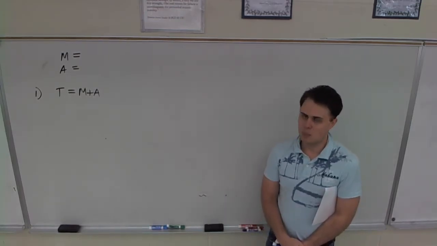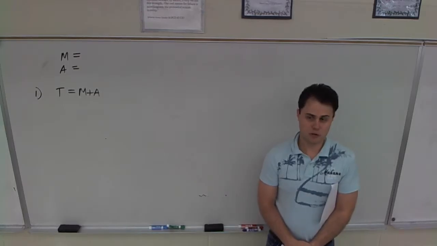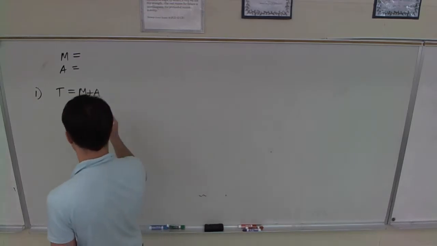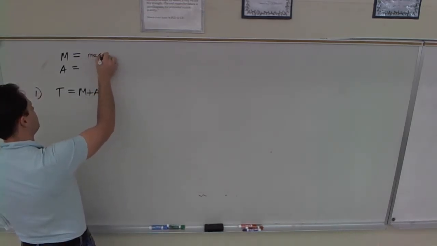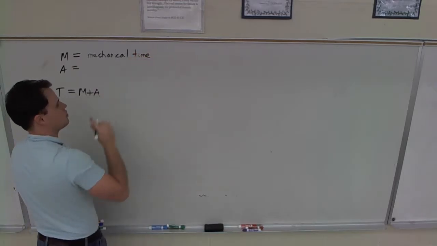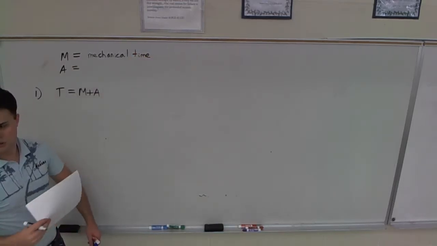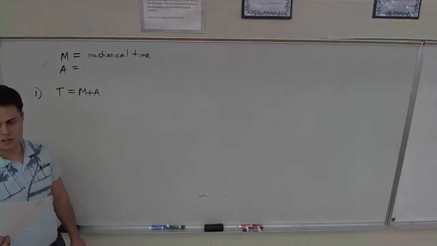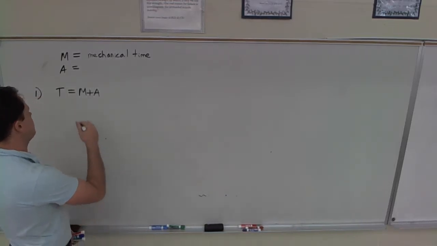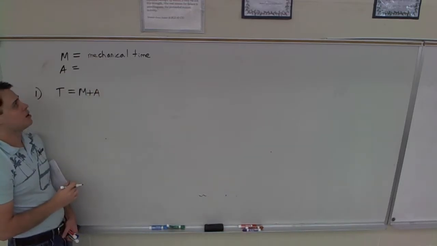So M, I'm calling my random variable for what? Mechanical time. Exactly, that's what I'm going to start with, because question 1 asked us to find the mean and standard deviation for total time. So M is mechanical time.